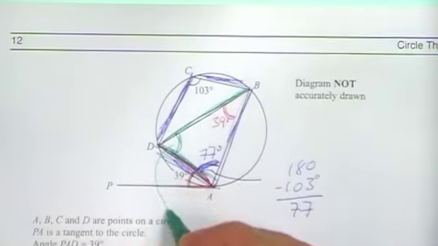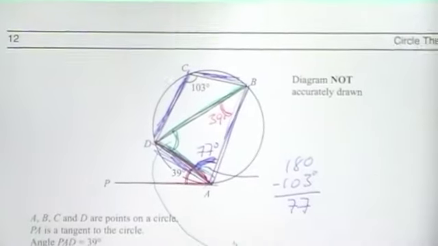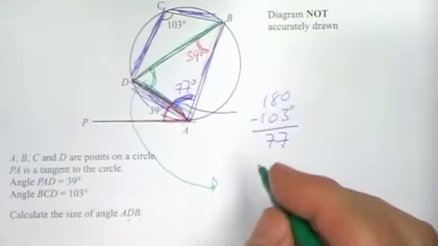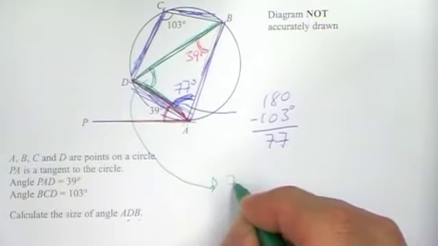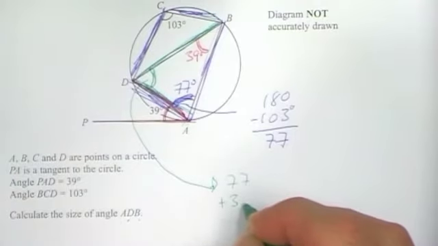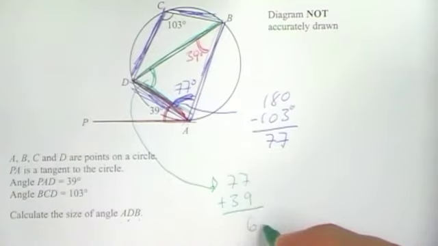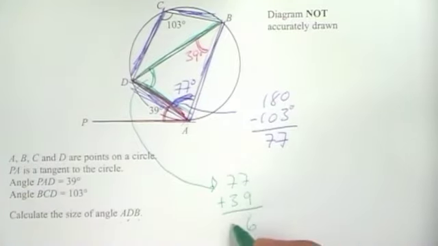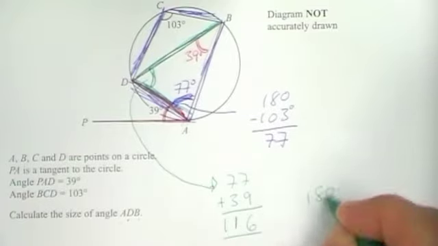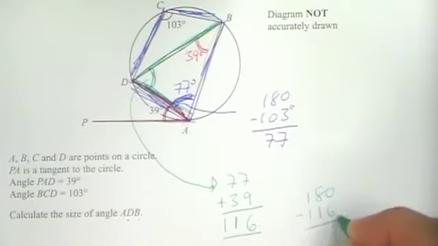The green angle there is going to be found by doing 77 plus the 39. That's going to make 116 degrees, and so all the angles in the triangle, 180 take away 116 is going to give us 64 degrees.